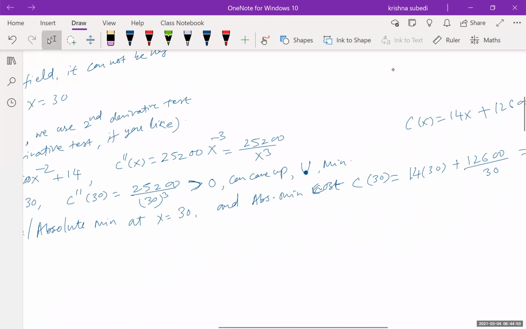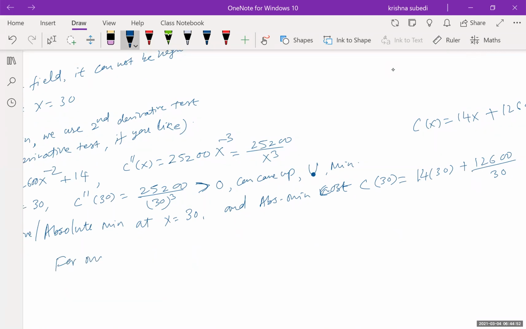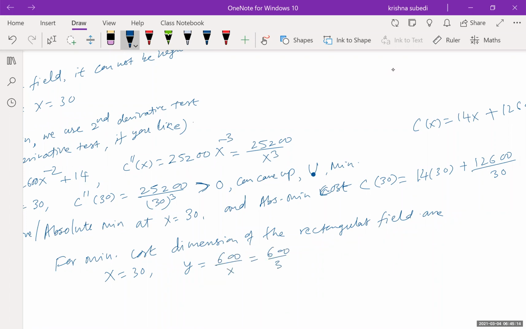And now the dimensions. The dimensions of the rectangular field for minimum cost are x equals 30 and y equals 600 divided by x, which means 600 divided by 30, that means 20.